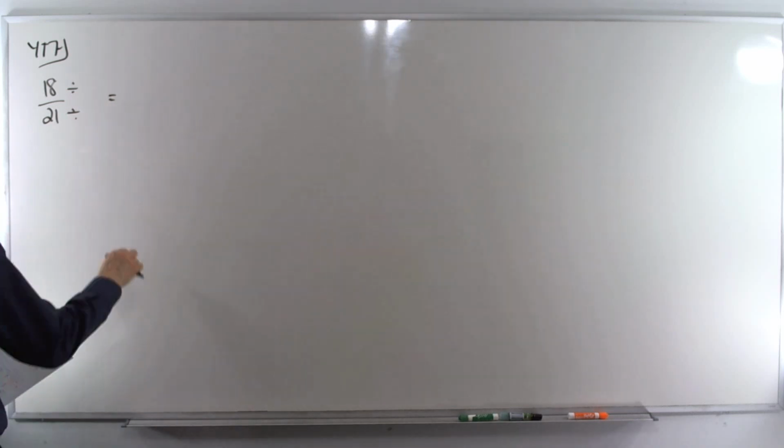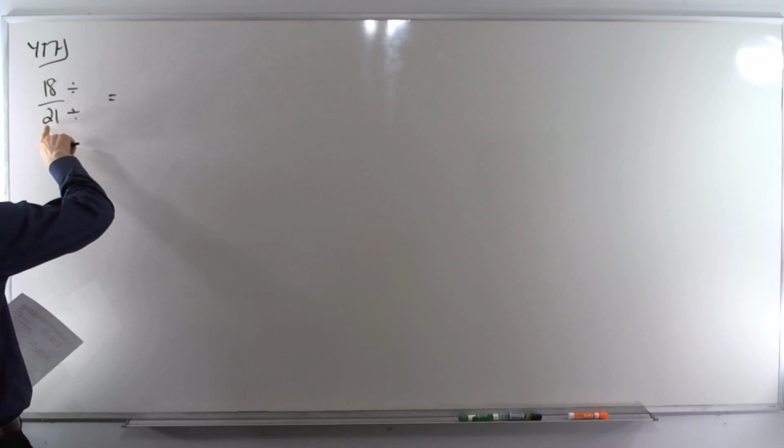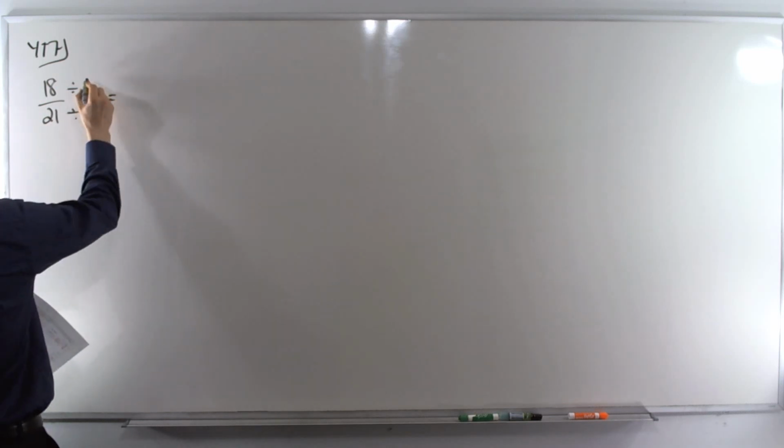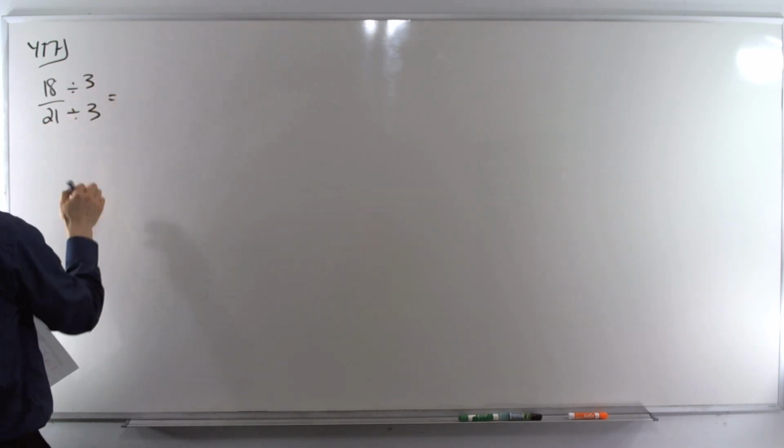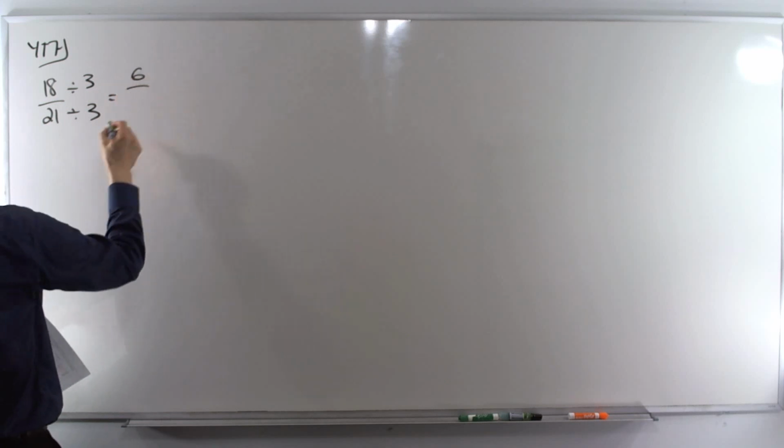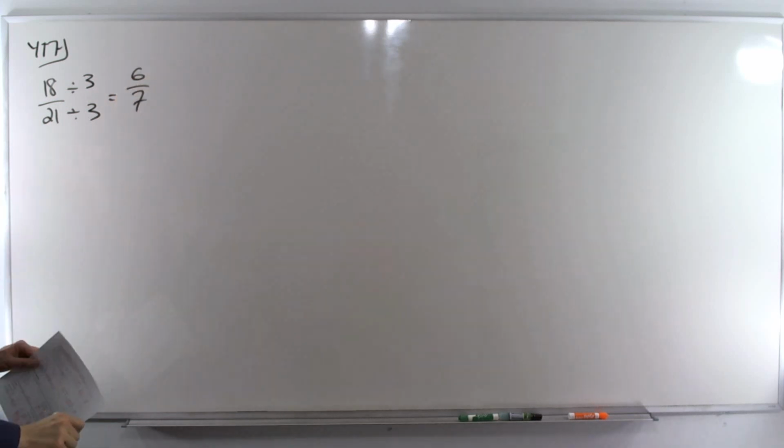Let's see, those digits add to 9, those digits add to 3, both are divisible by 3. Let's try that. All right, 18 divided by 3 is 6, 21 divided by 3 is 7. So 6/7.